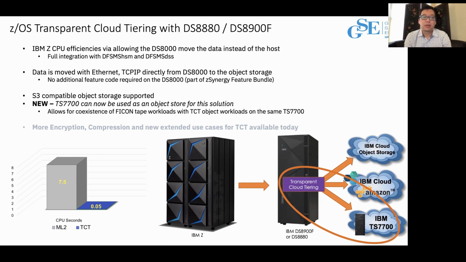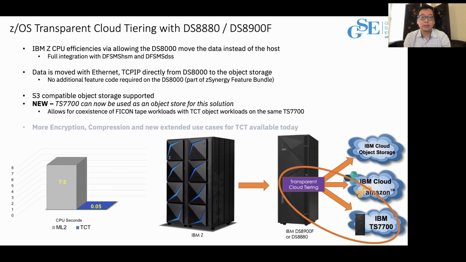The lower left-hand corner talks about a 7 gig data set that we migrated out to ML2 tape, which is the way that it's done today, and it uses 7.5 CPU seconds to do that operation. The TCT bar on the right-hand side in blue is the amount of CPU seconds it takes using transparent cloud tiering.